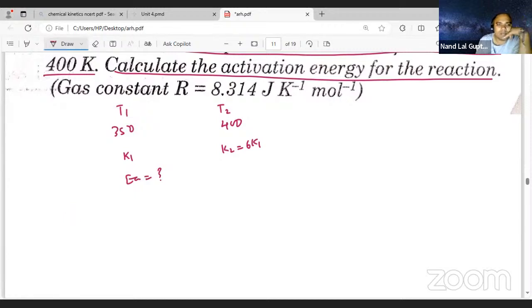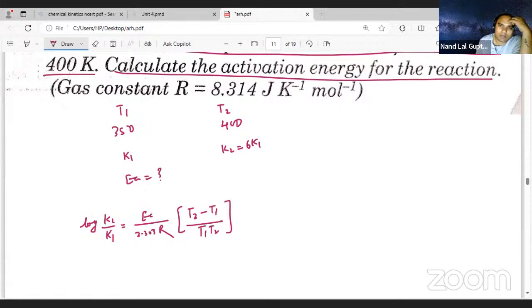So what you can do is, student, log K2 by K1 is equal to the activation energy upon 2.303 R, in bracket T2 minus T1 upon T1 T2. Now log, what is the value of K2?